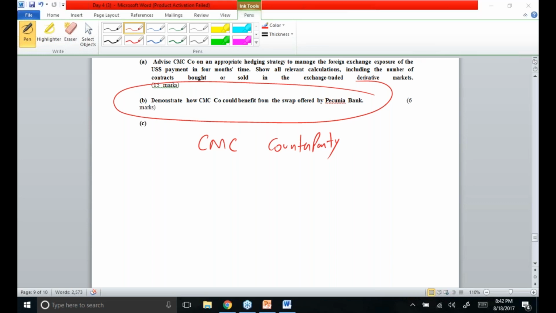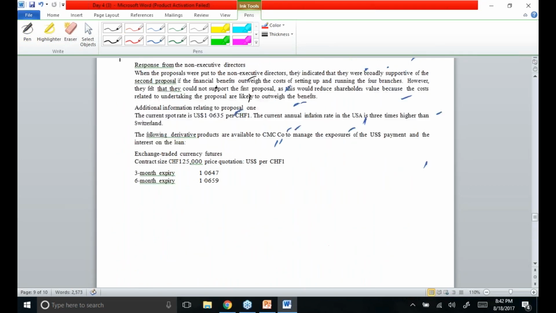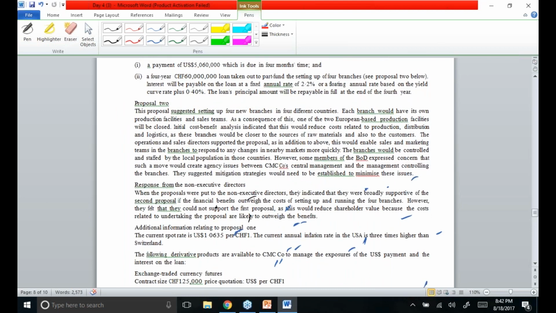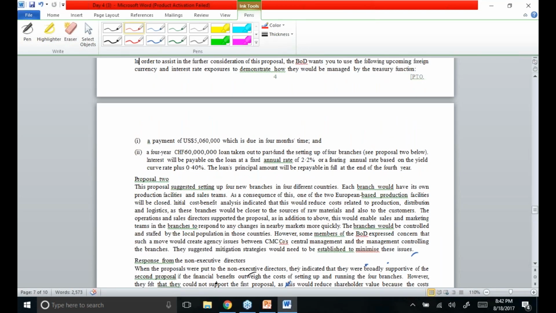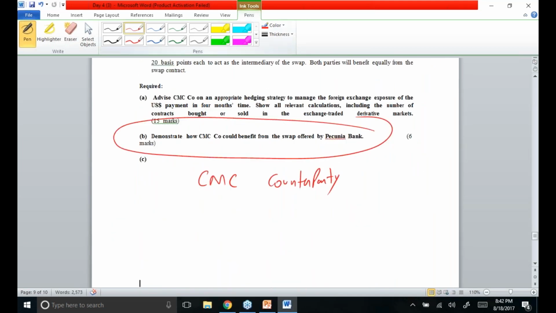CMC company can borrow at an annual rate of 2.2% or yield plus 0.4%. This is fixed and this one is floating.